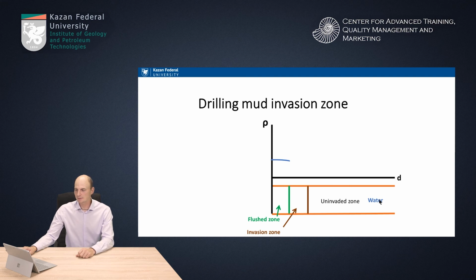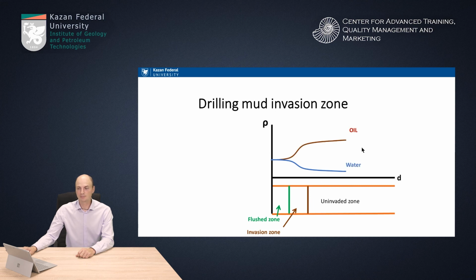In this case, the resistivity of the water in the formation is much lower than the resistivity of the water in the drilling mud. For that reason, the resistivity of the uninvaded zone is lower than the resistivity of the flushed zone. And we're gonna have this kind of situation.